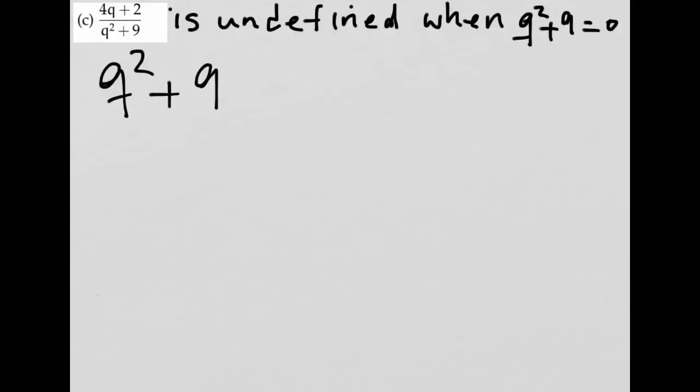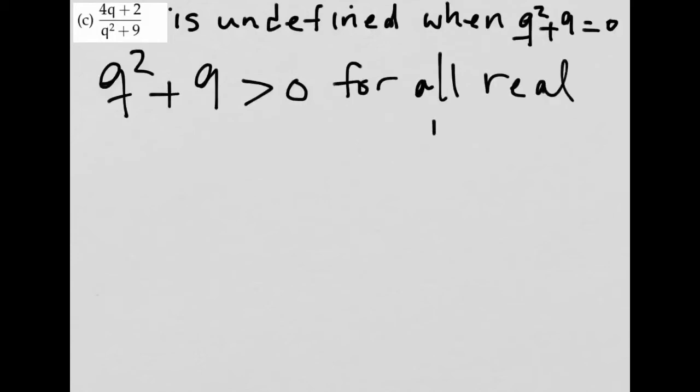Add that to 9, you get a positive number. So no matter what real number we plug in for q, q squared plus 9 will always be greater than 0. This is true for all real numbers. For all real numbers, the rational expression 4q plus 2 divided by q squared plus 9 is defined.